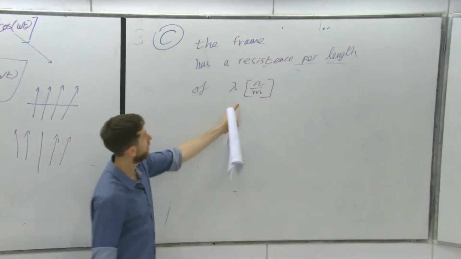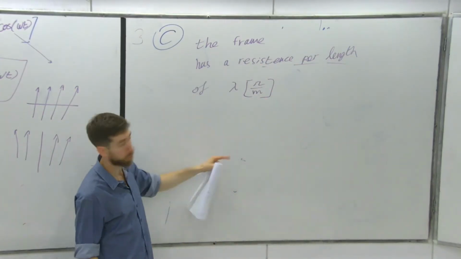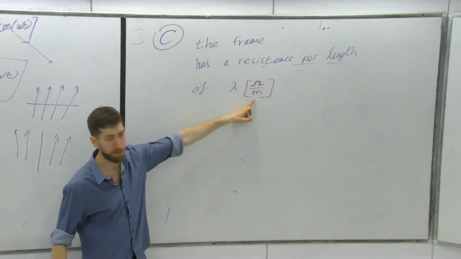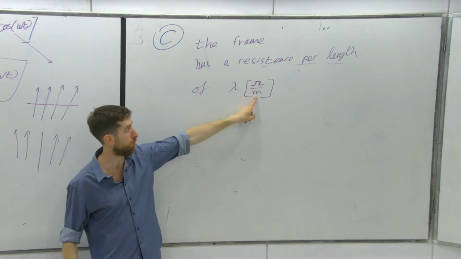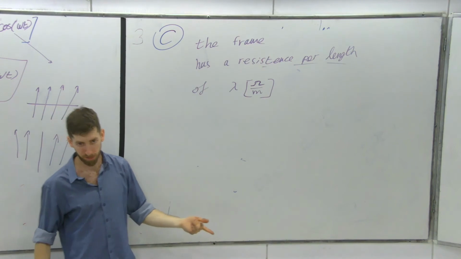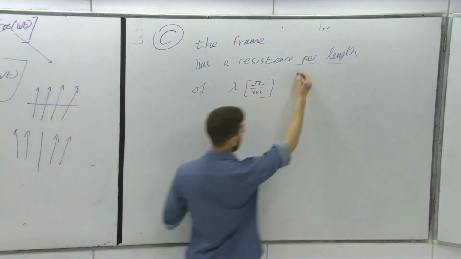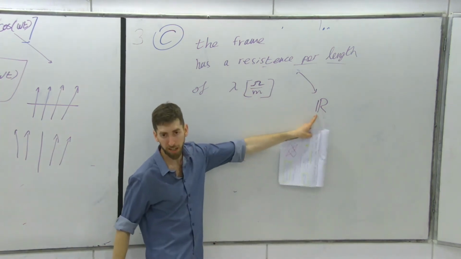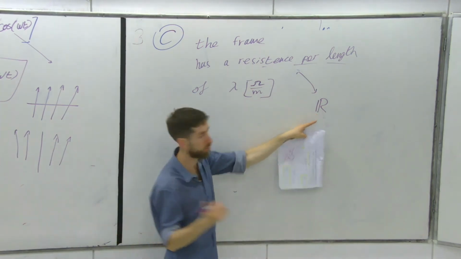Okay, this is a new quantity. It's just ohm divided by meter. If I want to know the resistance, what do I need to do to get rid of this? I need to multiply by the length. Just a reminder, resistance, I use a double line here because we have the radius also, not to confuse.